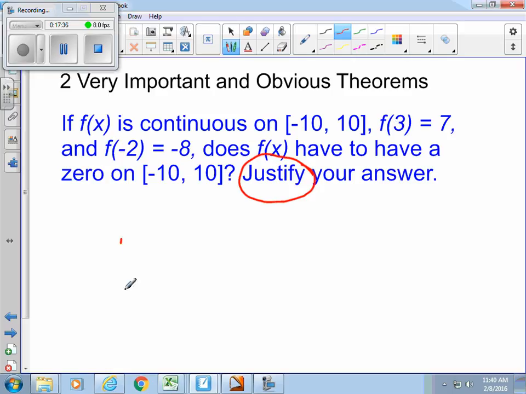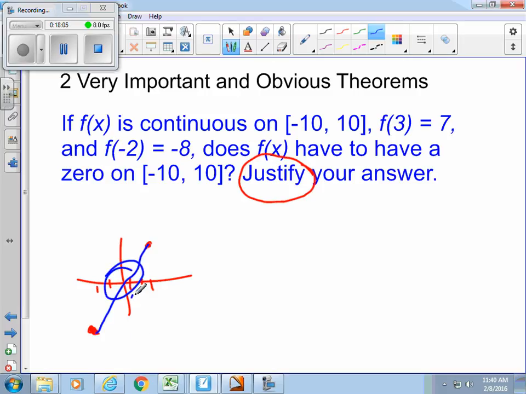f of 3 is 7. f of -2 is -8. So way down here. If this is truly continuous from -10 to 10, the IVT. What's the only way that I can get from down here to up here?